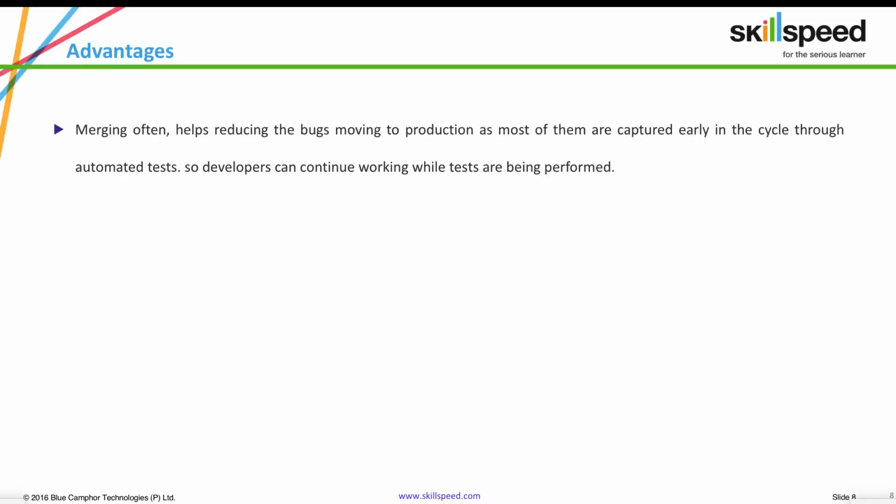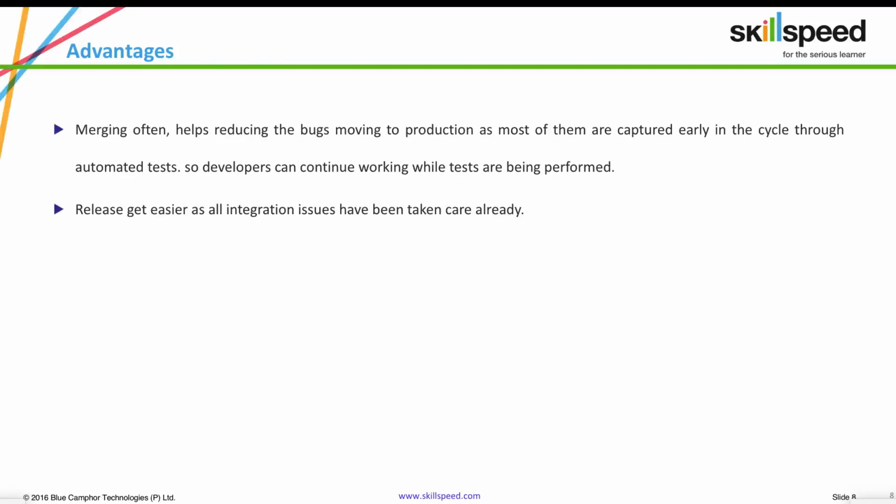Once you have written the tests and the code, and they are being tested in an automated fashion, you can rest assured that most of the bugs will be captured very early in the release cycle, and by the time you reach production or even the pre-prod servers, most of the issues will be taken care of. As a result, very few bugs get shipped to production, as regressions and similar problems are captured early by the automated tests.